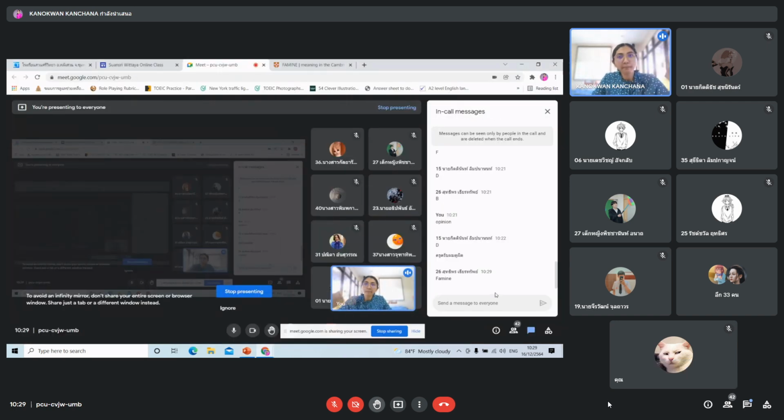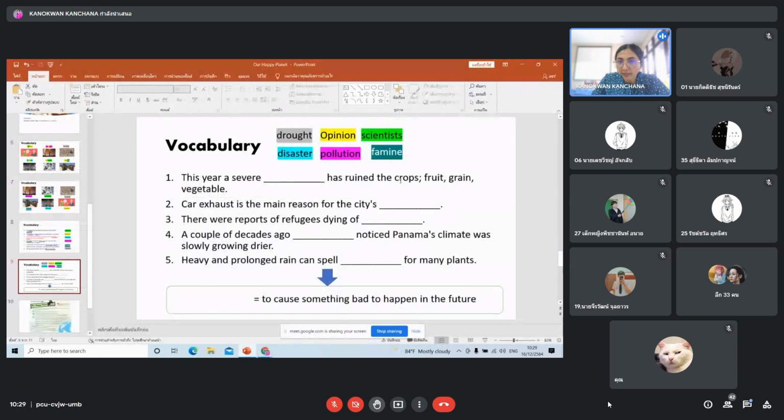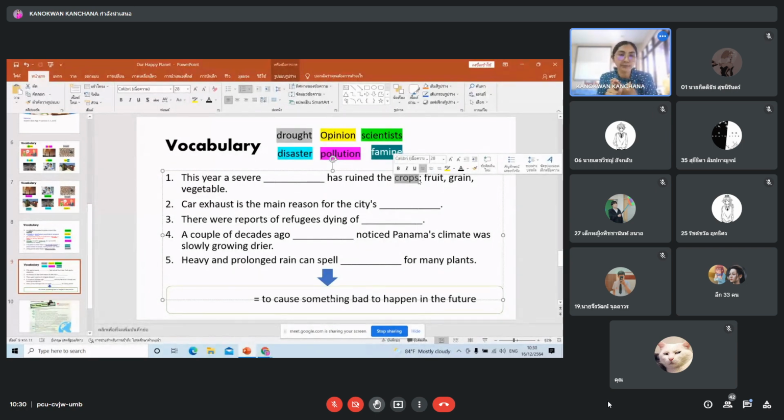Okay, Sutipon mentioned famine. Yeah, when you don't have enough food, right? But Sutipon, have a look at this again. Talking about the crops, that means the fruit, the grain, and vegetables. You don't have enough water to grow food, to grow plants, fruits, grain, and vegetables.